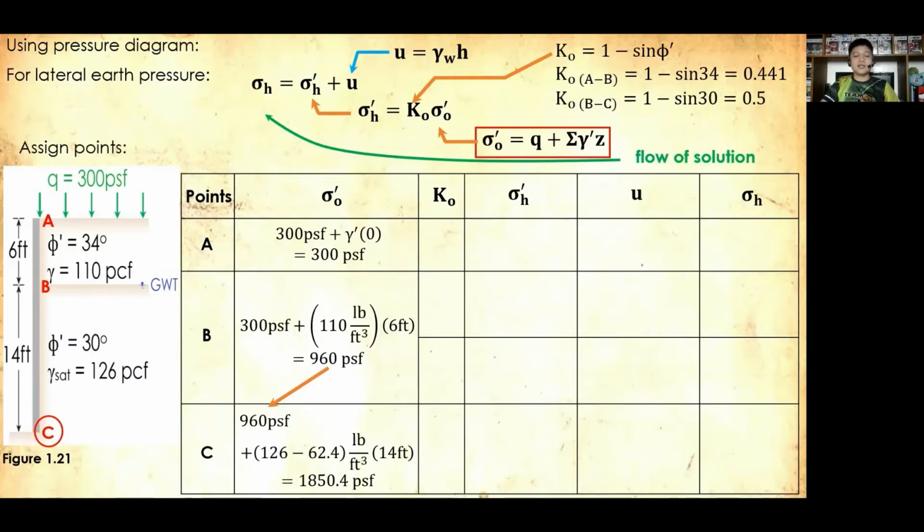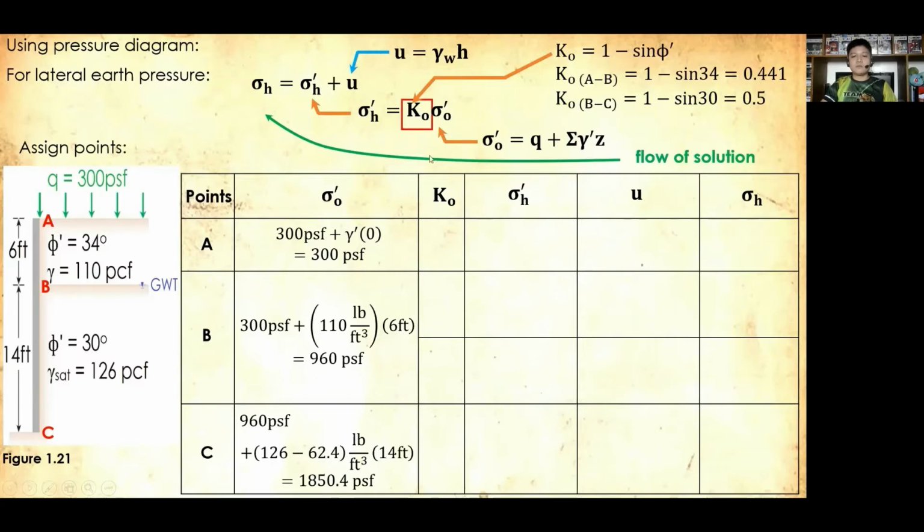So for metric, that is 9.81, but for English, that is 62.4 pounds per cubic foot. For this problem, we have now 126 minus 62.4. So that is our effective or submerged unit weight. Multiply that with the remaining thickness of that layer, which is 14 feet. Our sigma O prime, therefore, at point C is 1,850.4 psf.